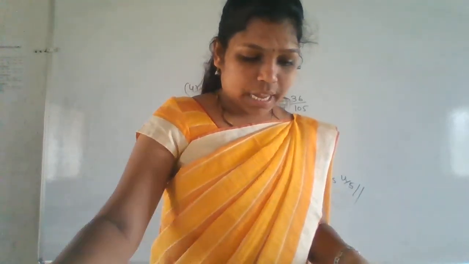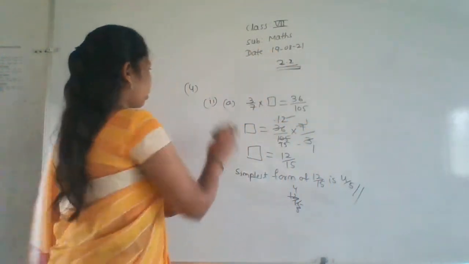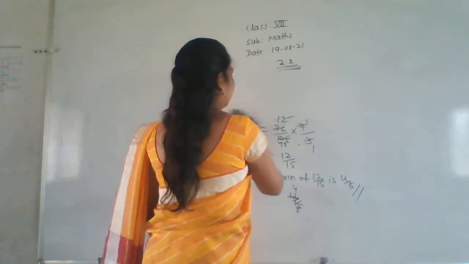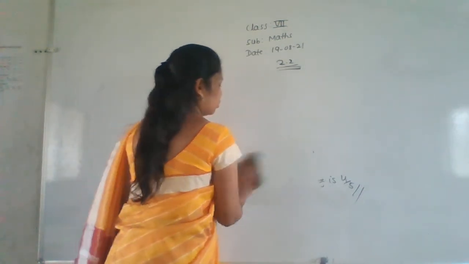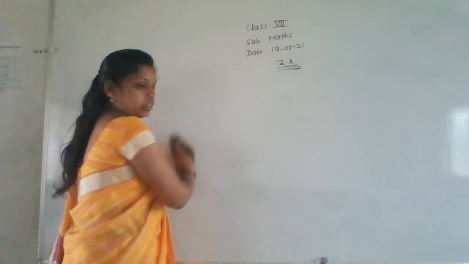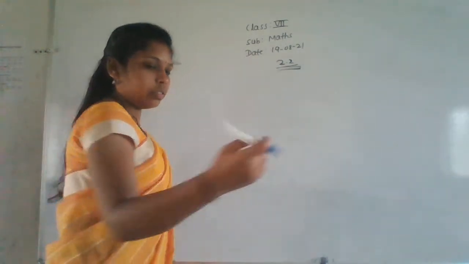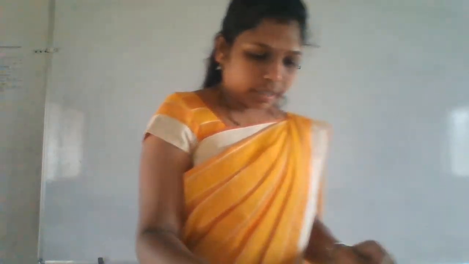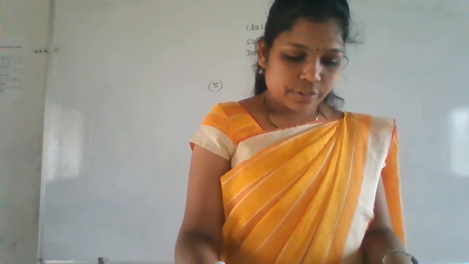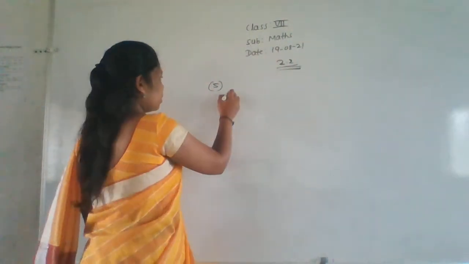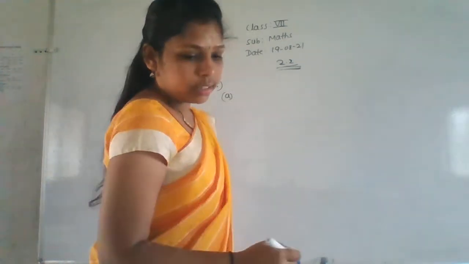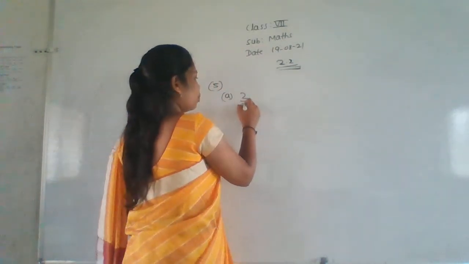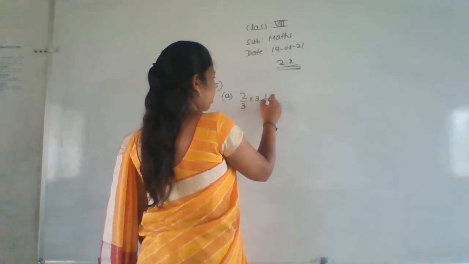Okay. Now we'll do fifth main. For the fractions given below, the first one in fifth main, part A, we will do now. That is 2 by 3 into 3 integer 1 by 4.